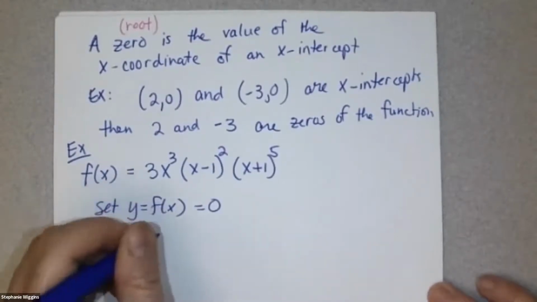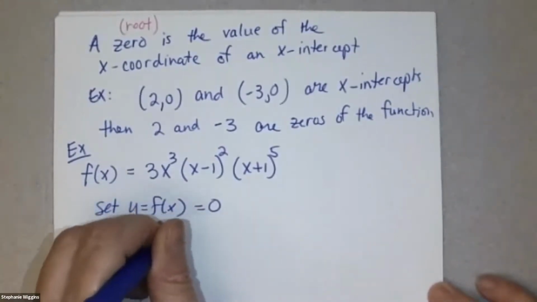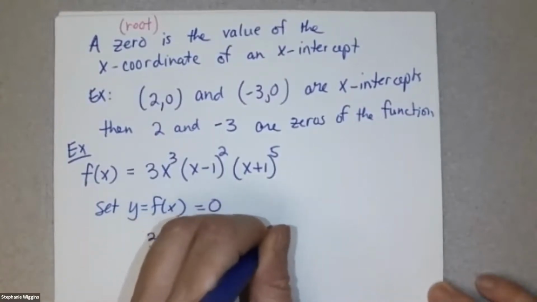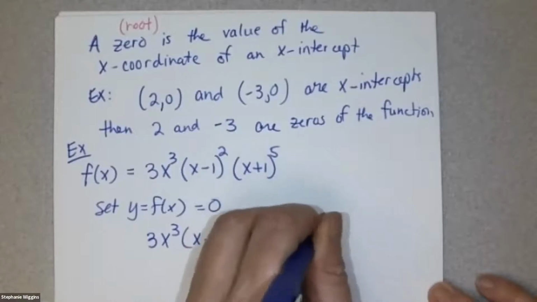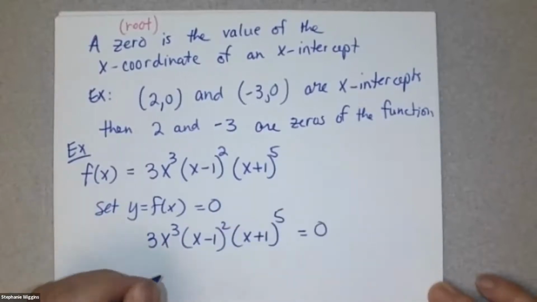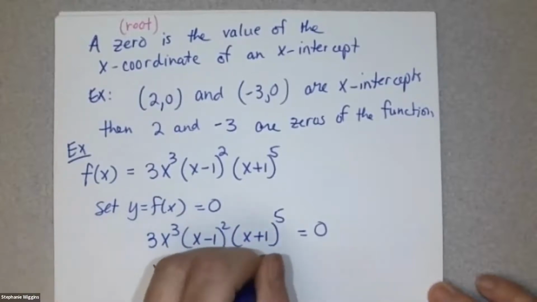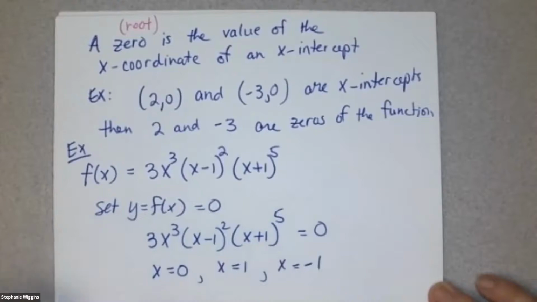So in doing so, if 3x cubed times (x minus 1) squared times (x plus 1) to the 5th equals 0, that just means that either x is equal to 0, x is equal to 1, x equals -1.